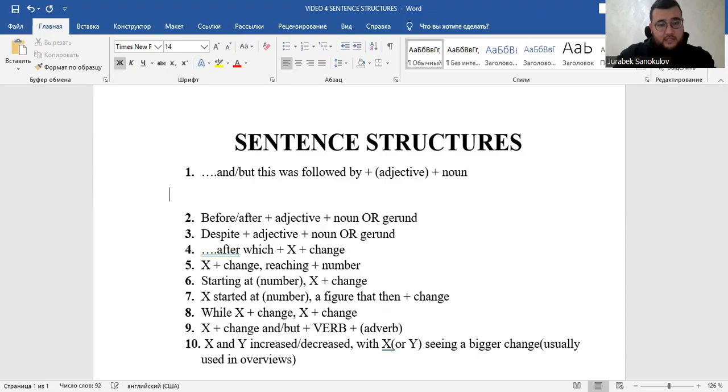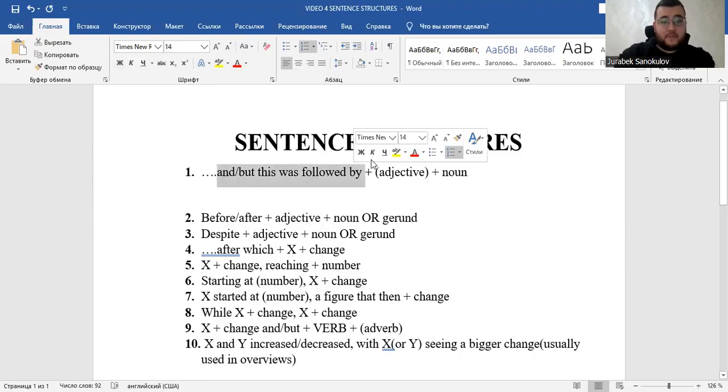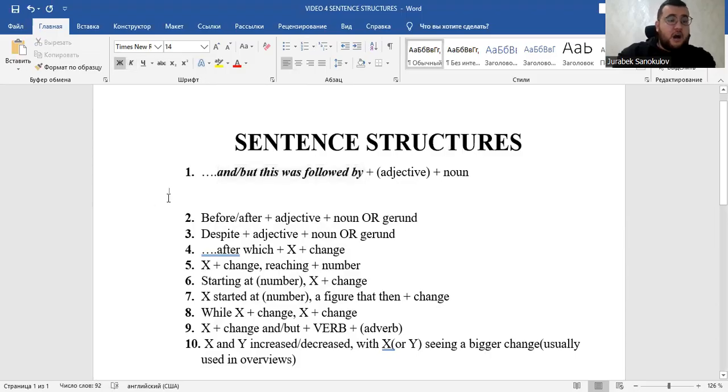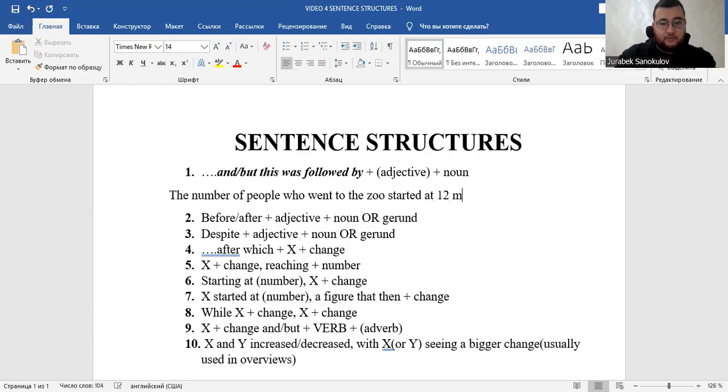So the first one is using "and" or "but" followed by "this was followed by". I normally use this sentence structure to start my body paragraphs. For example, you can say this: the number of people who went to the zoo, let's just say, started at 12 million in 2000.